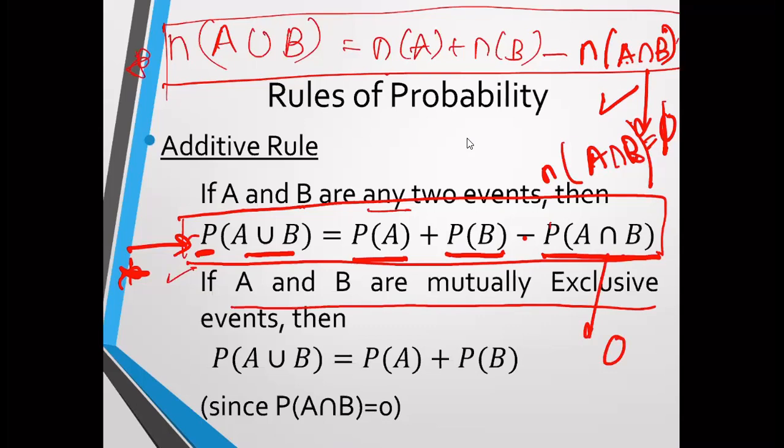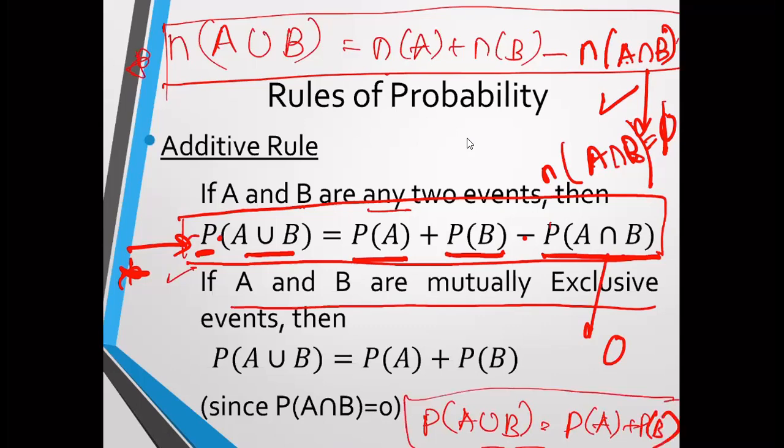If A and B are defined as mutually exclusive events, then you can write this formula as probability of A union B as PA plus PB. This is true only for mutually exclusive events. That's why here it mentions if A and B are any two events, then we can write this formula. But if A and B are mutually exclusive, then this formula becomes P(A union B) equals PA plus PB.